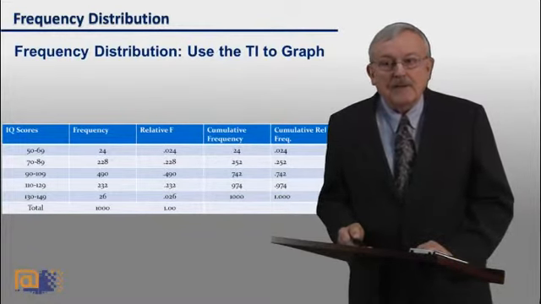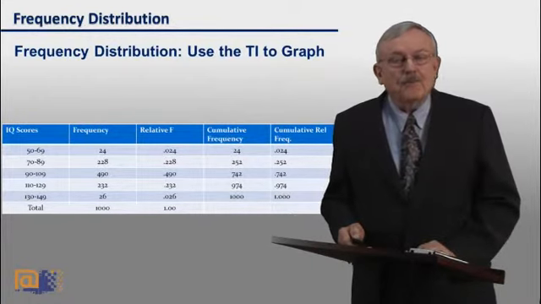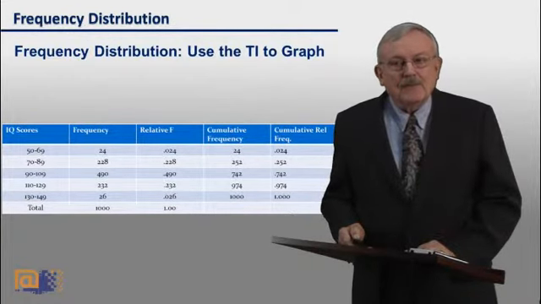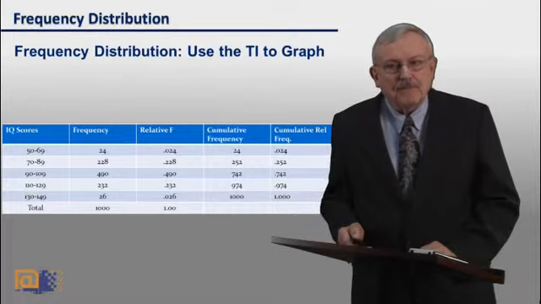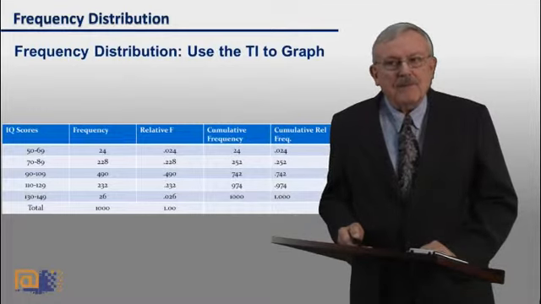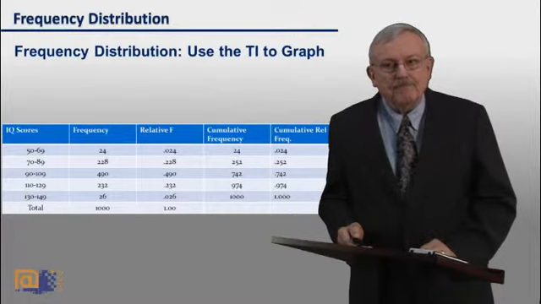For the second one, you have a frequency of 228. 228 plus the 24 in the previous classes give us a total of 252. The cumulative relative frequency does the same thing with the relative frequency column.